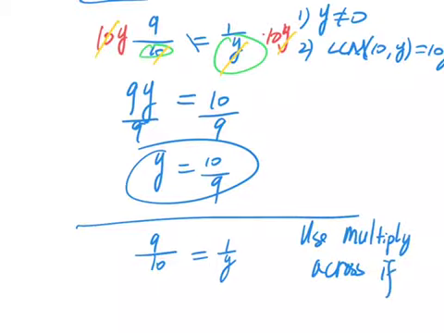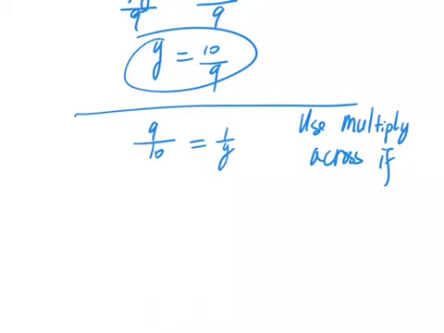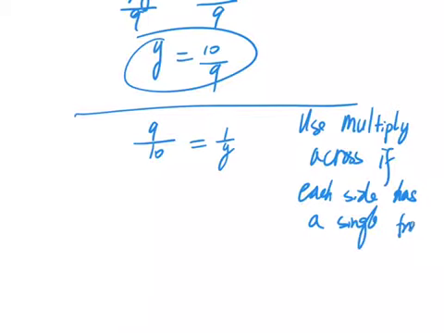If each side has a single fraction, or a single rational term. So for this, you can just do this way. So it means 9 times y equals 10, and then y equals 10 over 9.